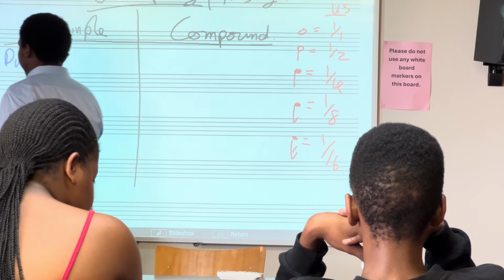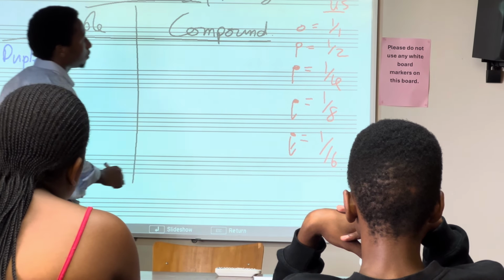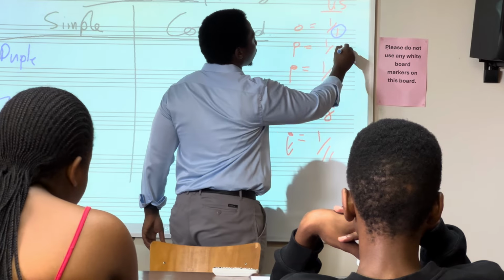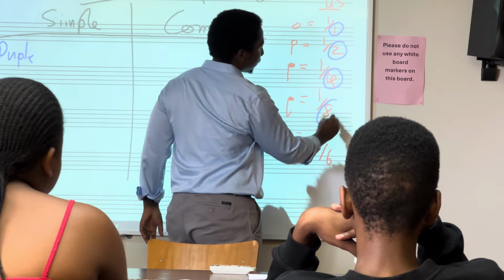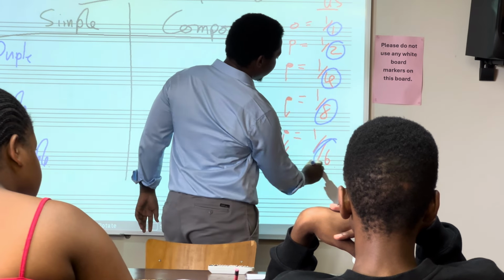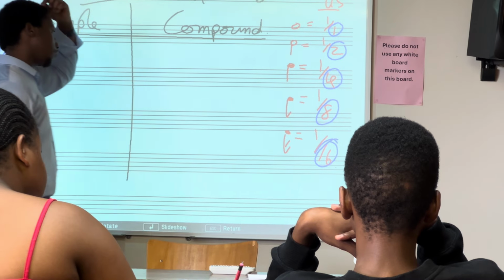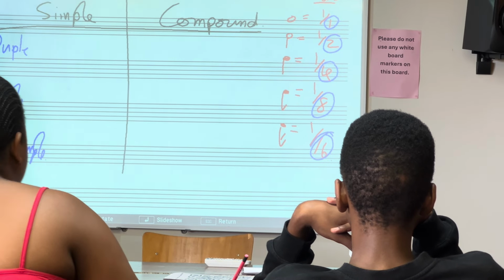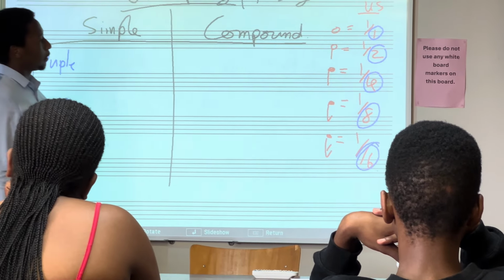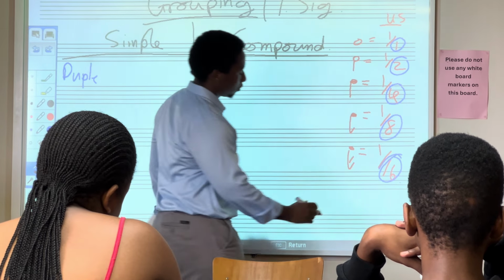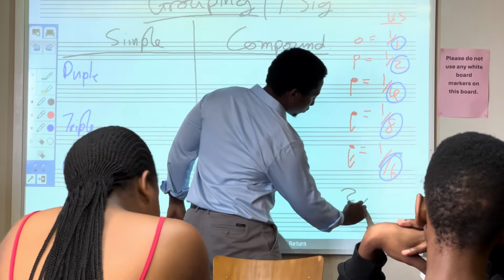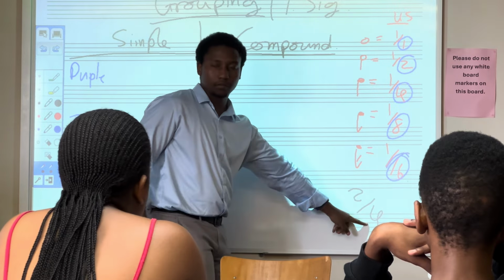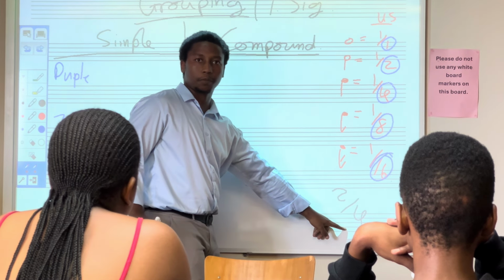The important thing here to take note of is the bottom number here. It identifies the note name, or rather the note value. Now, if I'm saying to you, I need 2 crotchets, I do this, 2 crotchet beats, 2/4, for example.